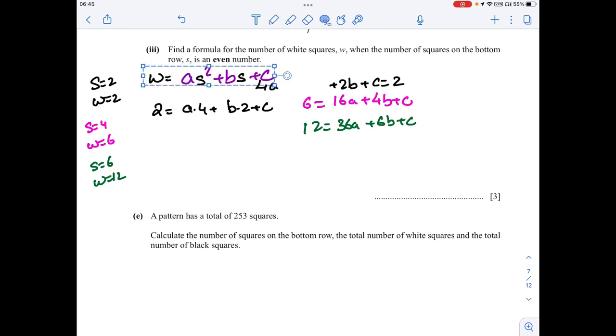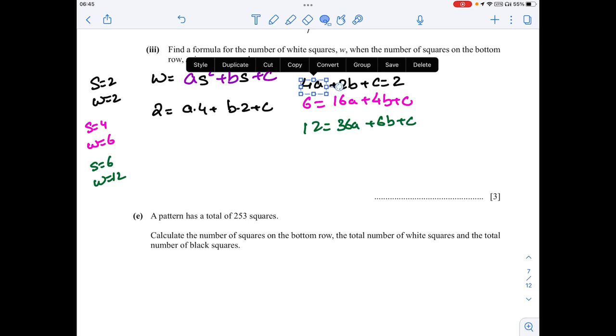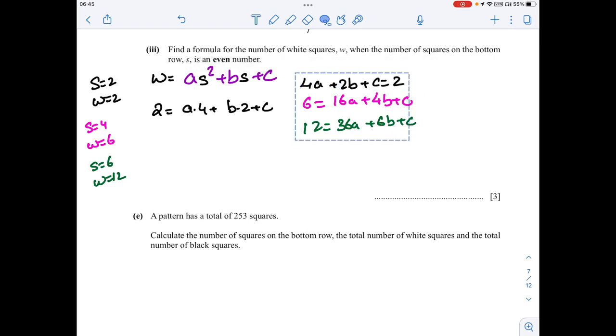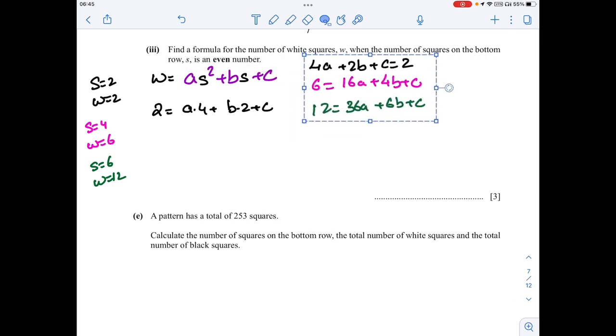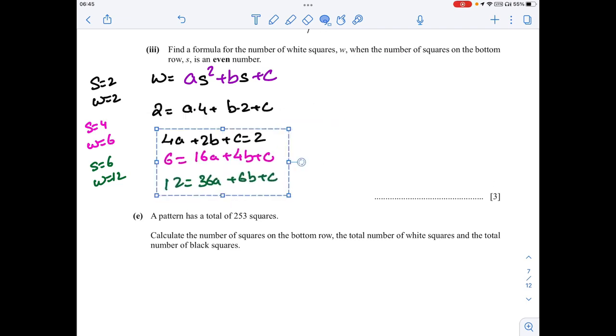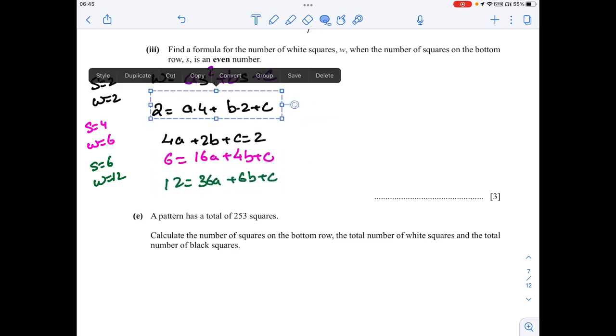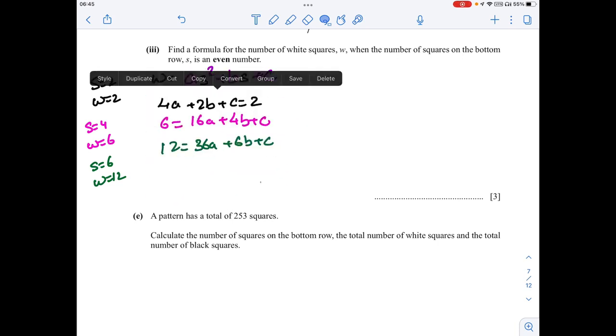Let me make a proper arrangement. These are the three equations I got by substituting the values of s and w.